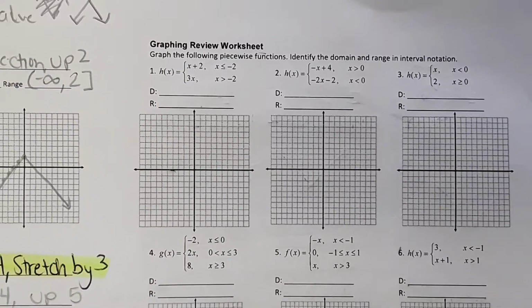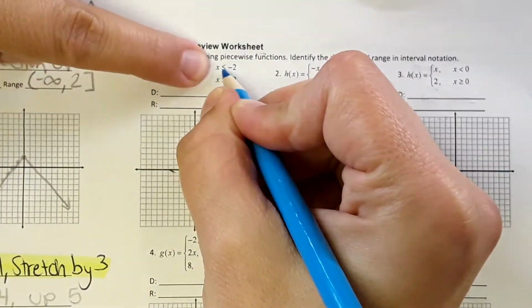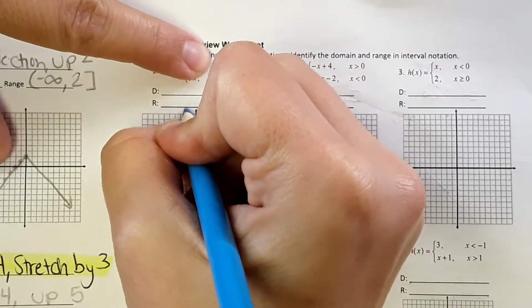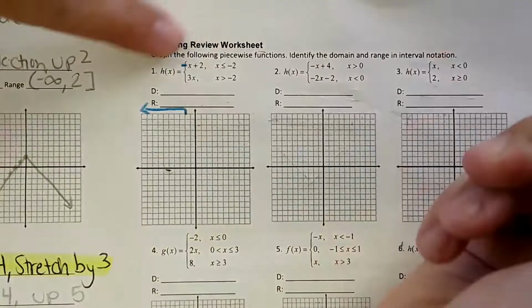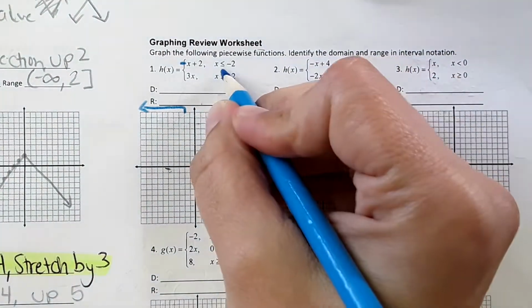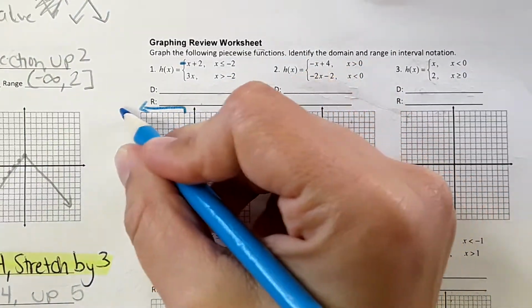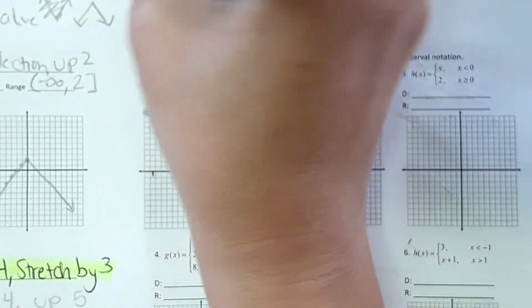Okay, so starting with number 1, it says x is less than or equal to -2, so I will make that my blue side of the graph. X is less than or equal to -2, I labeled that, and my equation here would be y equals x plus 2.